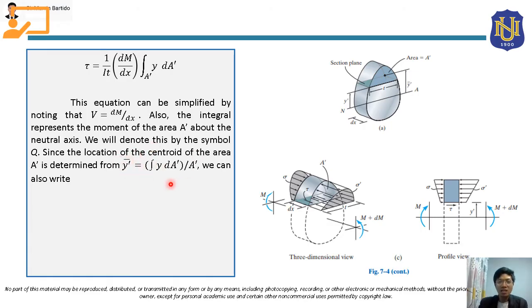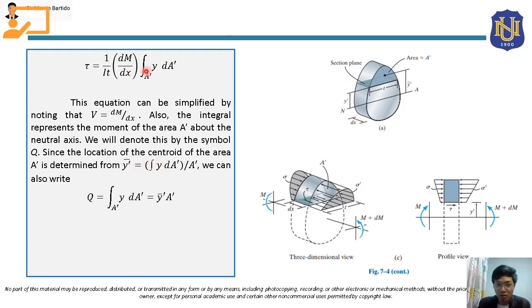So here, class, we can also write Q, the integral of y dA prime, as y bar prime times A prime. Cross multiplying, A prime y bar prime is equal to the integral of y dA prime.